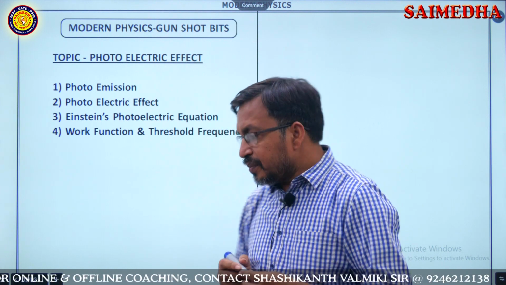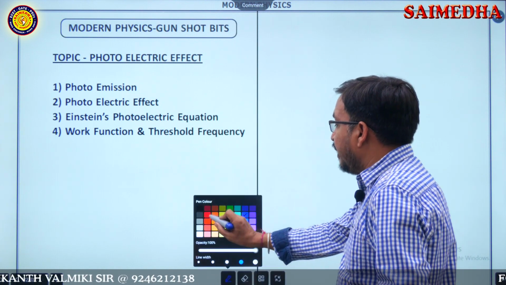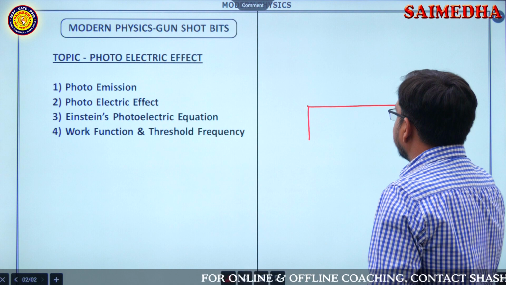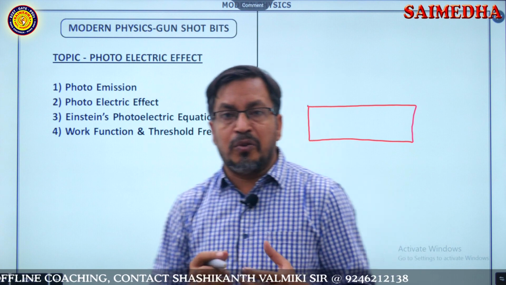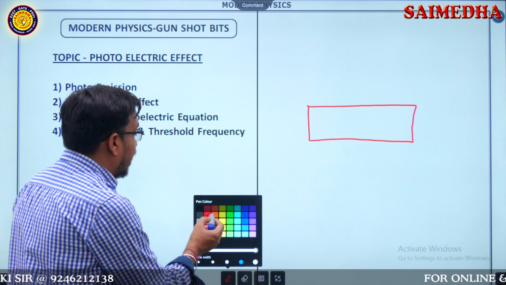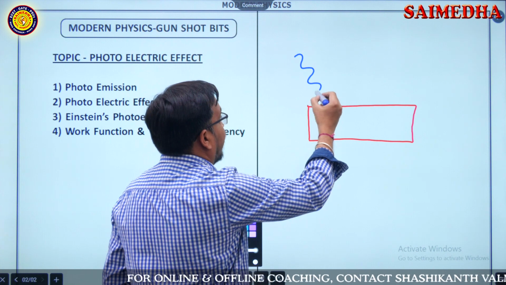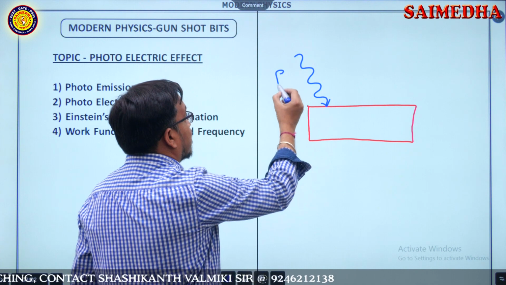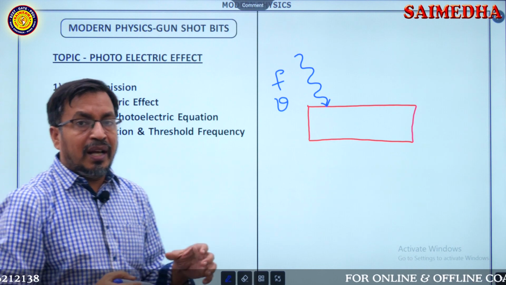So here is the basic concept. See here students, I am considering a metal. What is this? This is a metal. We know that all metals are good conductors. Good conductors consist of what? Free electrons. So when light is incident on this metal surface, I am considering the frequency as nu, sometimes f also, but very important, here we are considering nu only.